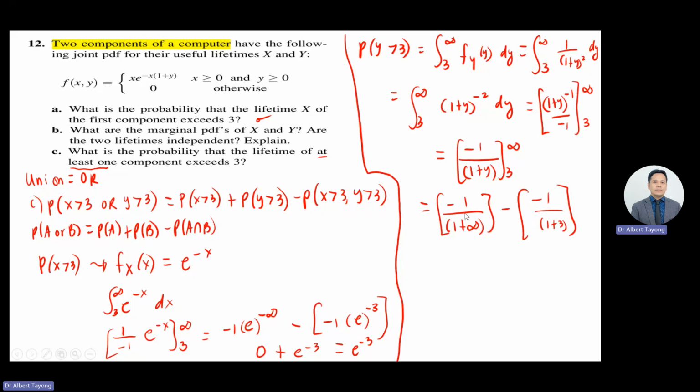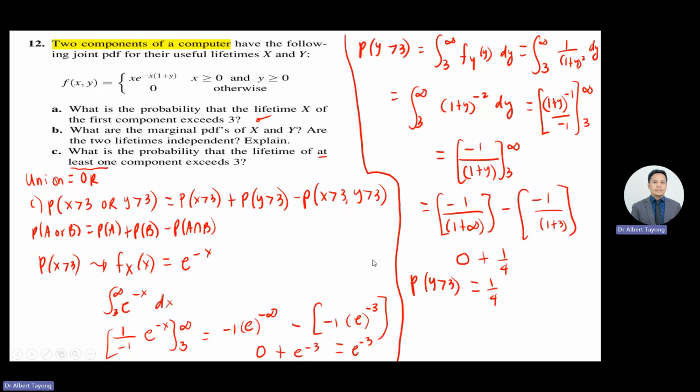Actually there is a negative 1 there, negative times 0 is 0. So here it approaches 0. And minus minus becomes plus 1 over 4. So that is P of y greater than 3: 1 over 4, or 0.25.